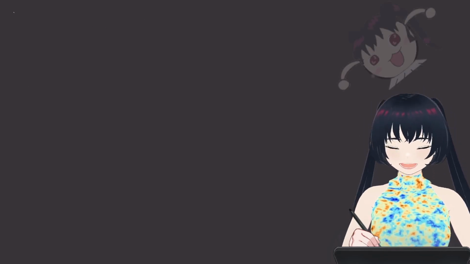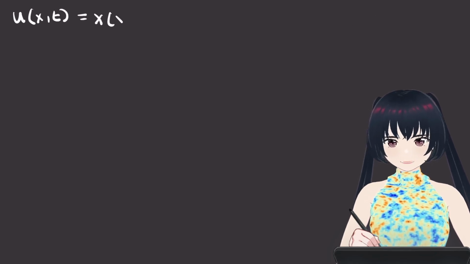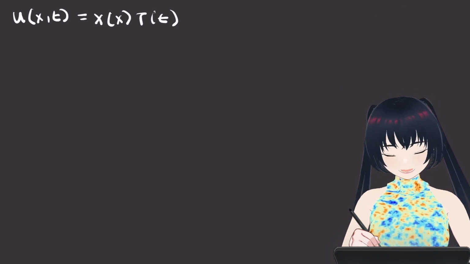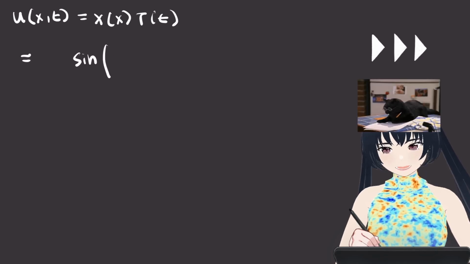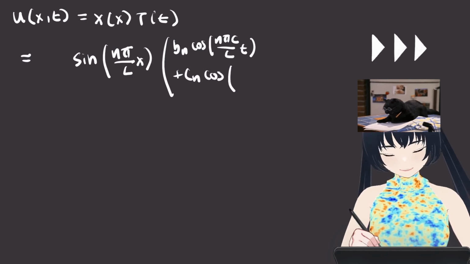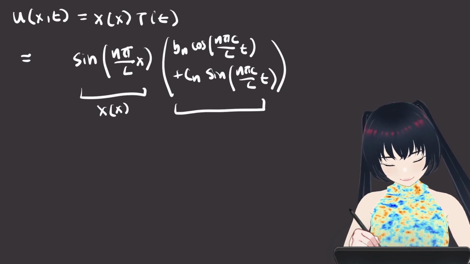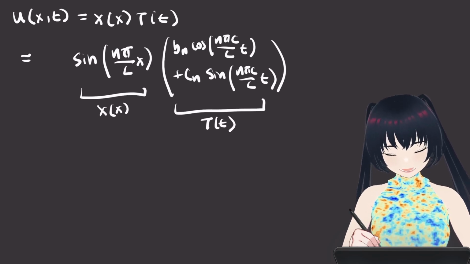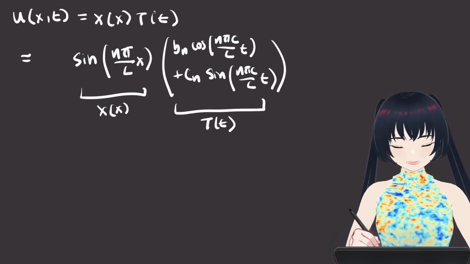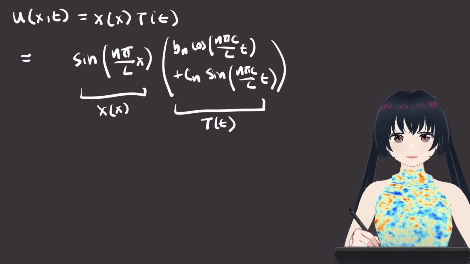So now finally, we can combine this into one solution. U(x,t) is equal to X(x) times T(t), and we solve for each of these different parts. And so by putting these parts together, we have the sine component from the position and this cosine-sine mixture from the time.